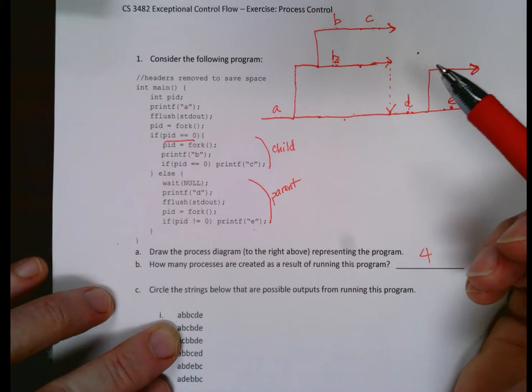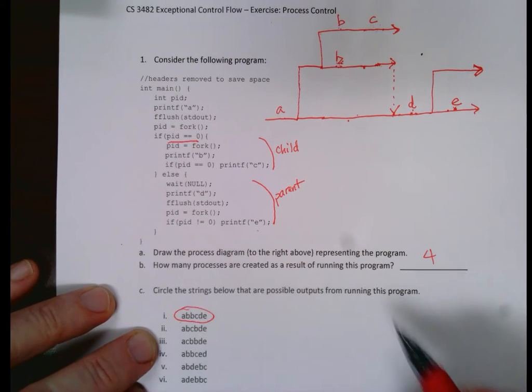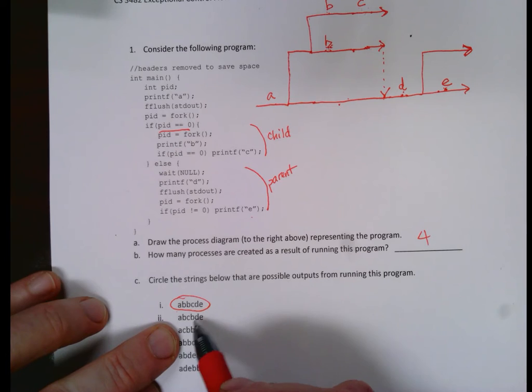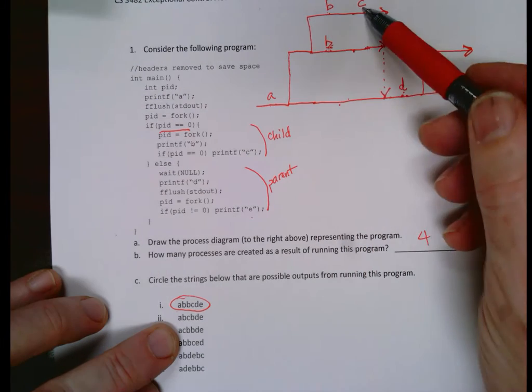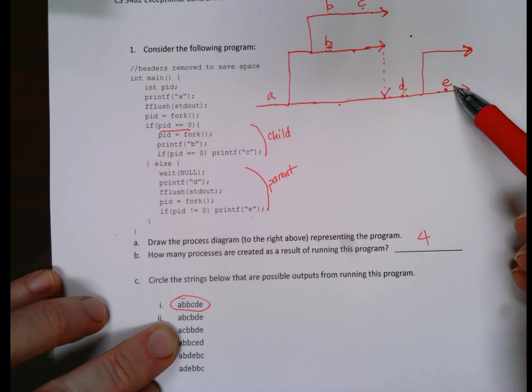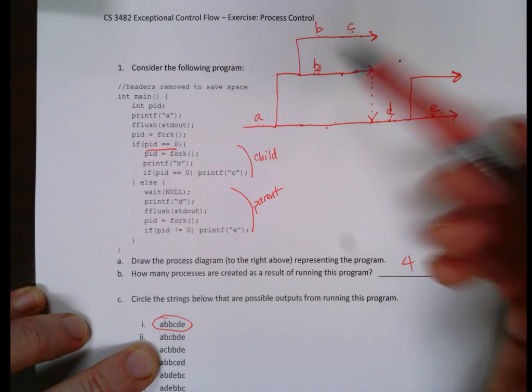That's possible. So A, B, C, B, D, E. That's a possible one because these can occur once again in any order.